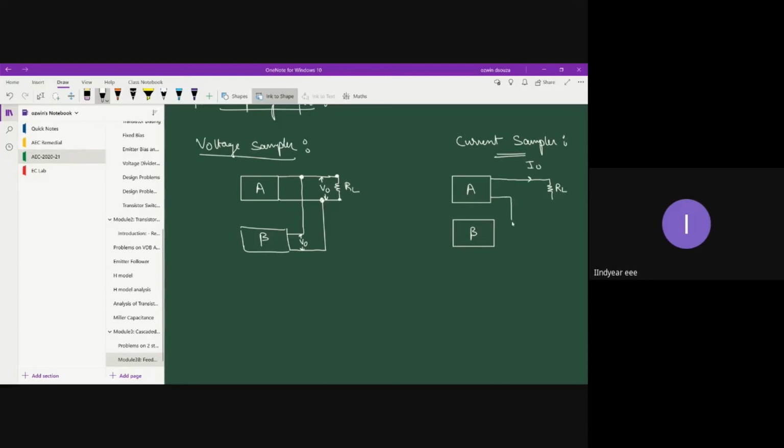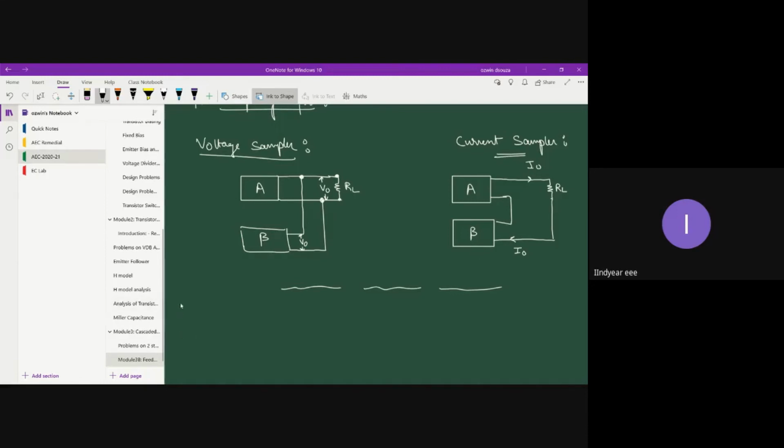It flows to the feedback network provided you give a series connection. So this I0 will flow through the feedback network as well. This type of arrangement is called the current sampler. So there you have two types of sampling network: voltage sampler and current sampler.